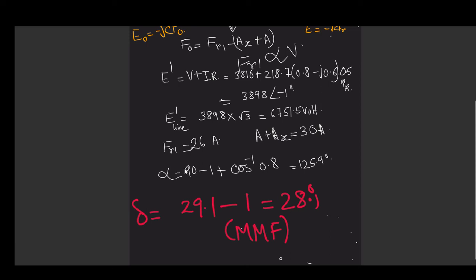So it clearly indicates that the MMF method gives an idea that your machine is delivering more power, or the MMF method is trying to portray an image that your machine is delivering more power.